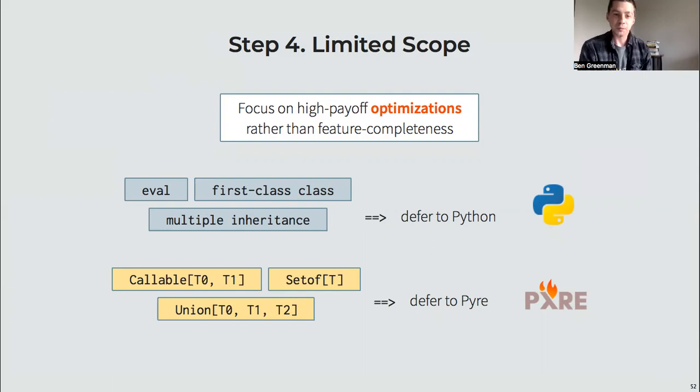If you use things like multiple inheritance, the behavior is exactly the Python behavior, and the type system does not make any claims about what's going to happen. Second, if you're using types that static Python doesn't have full support for yet, and these include callable, set, unions with multiple things, these all can get deferred to the Pyre optional type system.